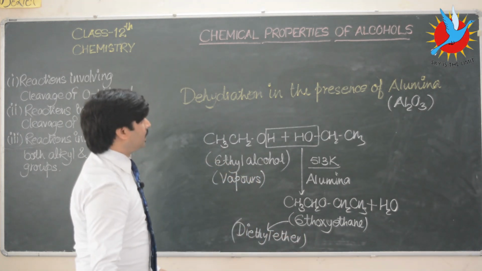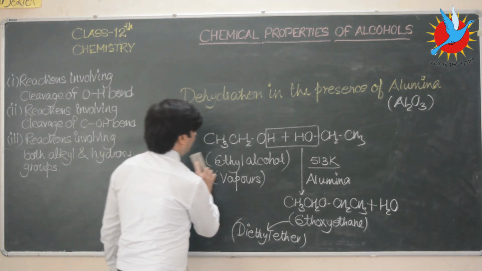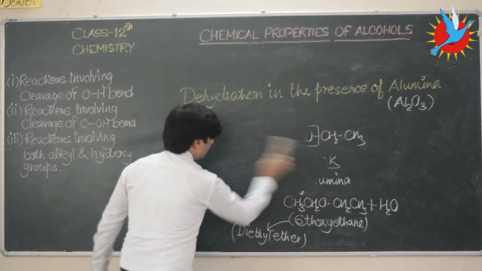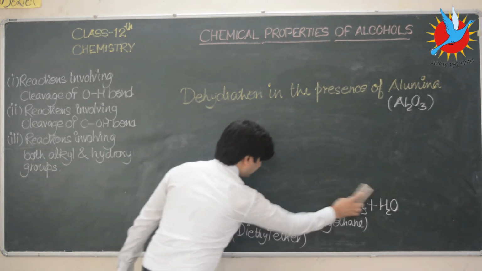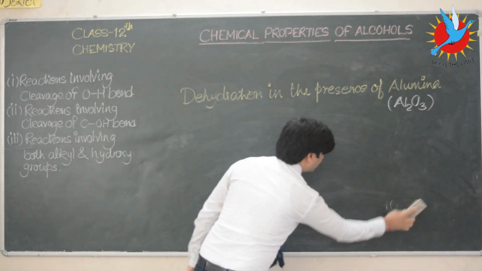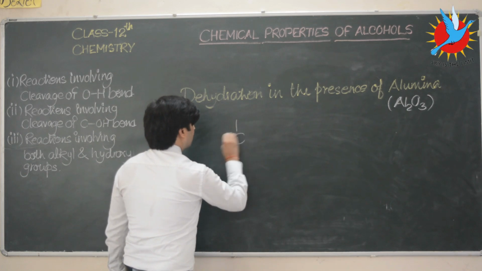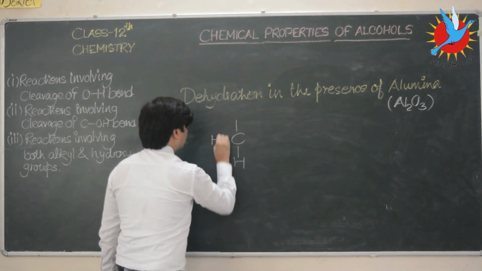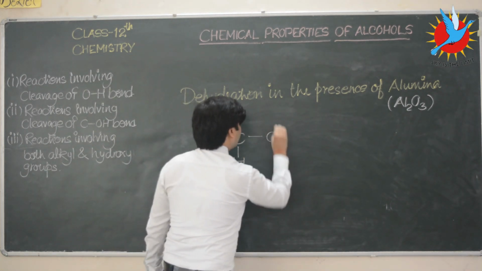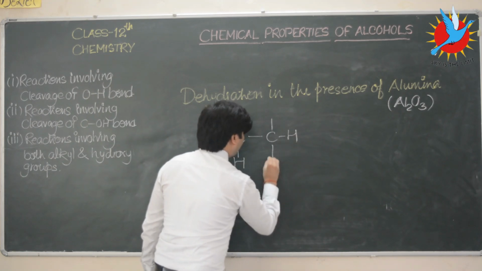And if we increase the temperature to 623 Kelvin, then what will be the product? The product will be a type of alkene.